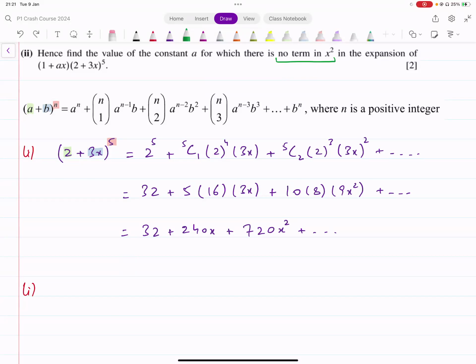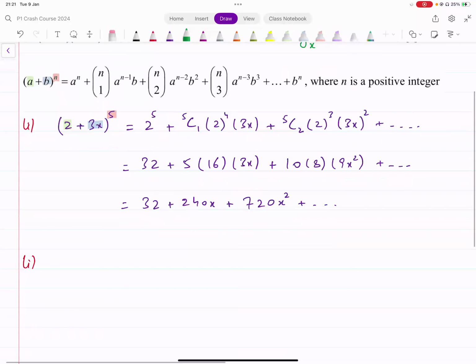The coefficient of x squared has to be 0. Because 0 into anything is 0, you will not have any term in x squared then. So all we have to do is find the coefficient of x squared in this expansion and put that coefficient equal to 0.